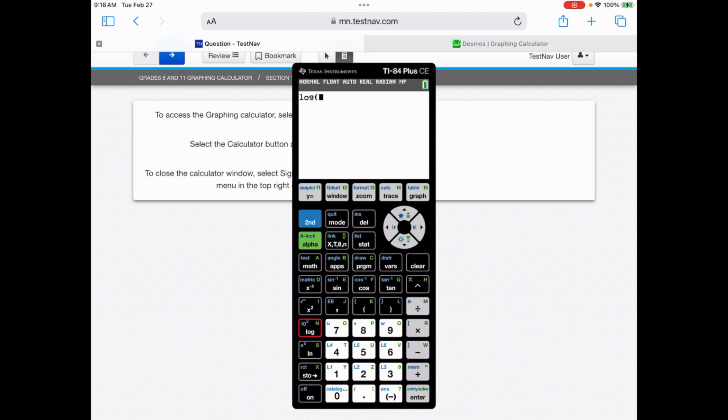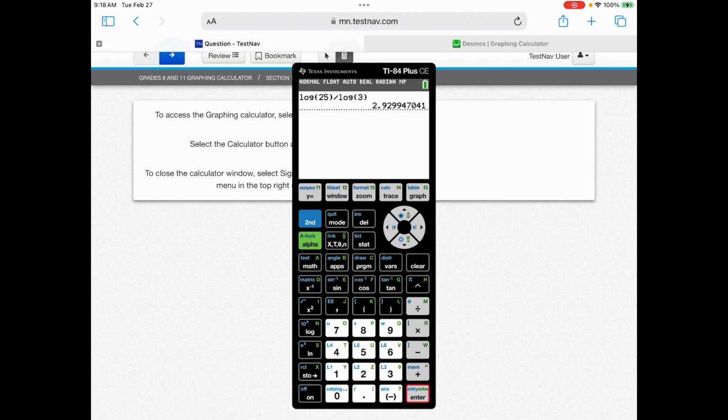Make sure you're remembering that that's log base 10. It's not log of whatever base you want, it's always log base 10. But to enter this, we would just do log of 25. I'm going to close that bracket. Otherwise, if I go to divide now by log of 3, it's going to think I want to take the log of all of that, which I don't. I want to take the log of 25 and divide it by the log of 3. And then close that bracket and enter.